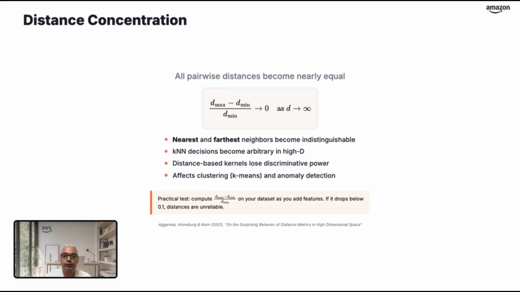A practical check that you can do given your data, and it's an interesting exercise also, is to look at this observed ratio distribution. In your case, if the ratio drops below 0.1, then distance-based methods like kernel methods and k-NN are operating on noise rather than genuine structure, because they are not able to discern between a very far away point and a very nearby point as compared to the distance values.